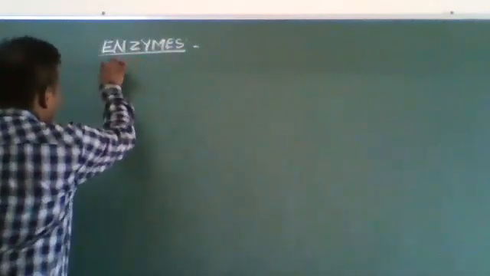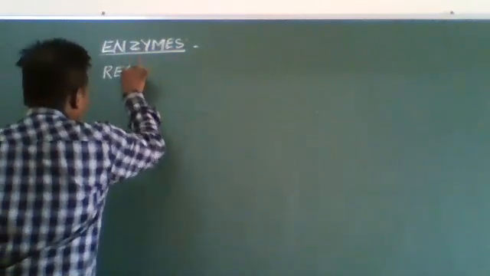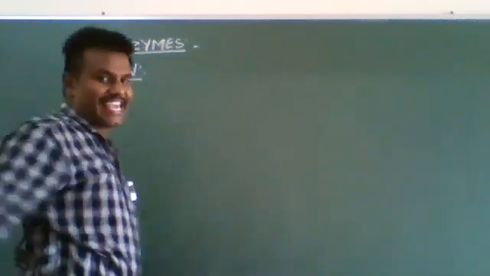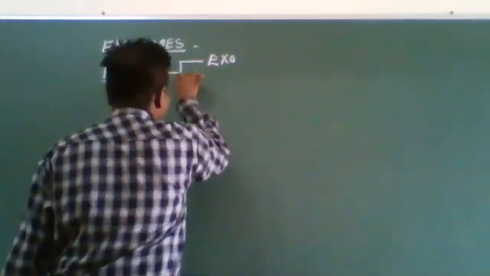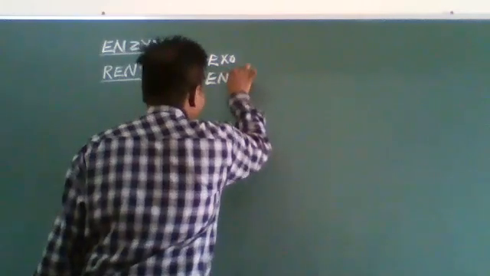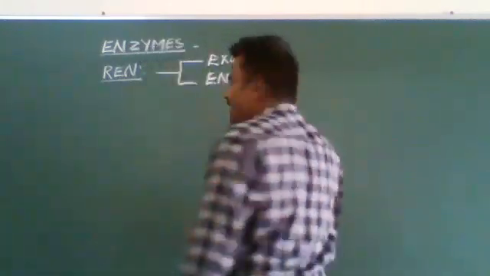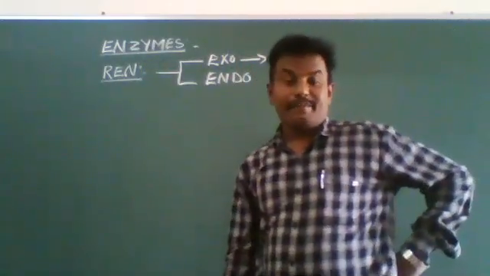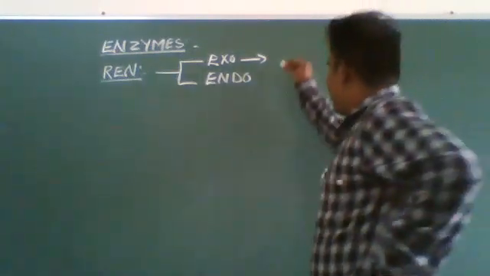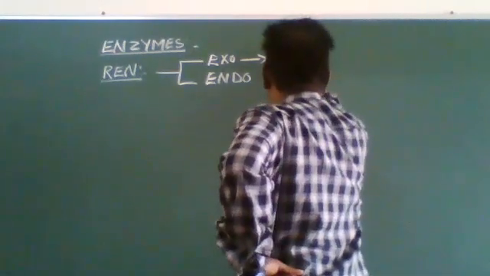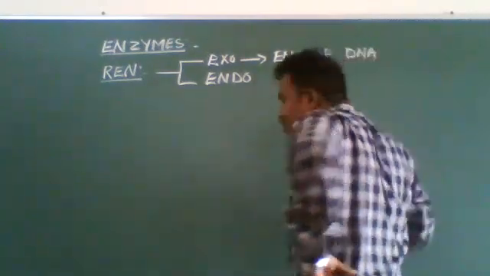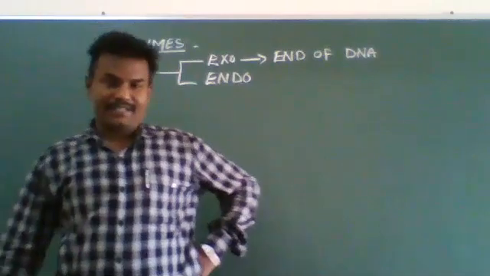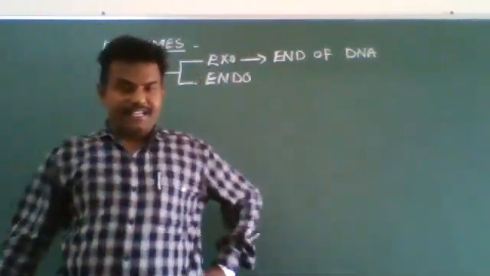So, enzymes: restriction endonuclease enzymes, which are of two types. One is exonuclease, another one is endonuclease. Exonuclease can cut the DNA from the end region of the DNA.